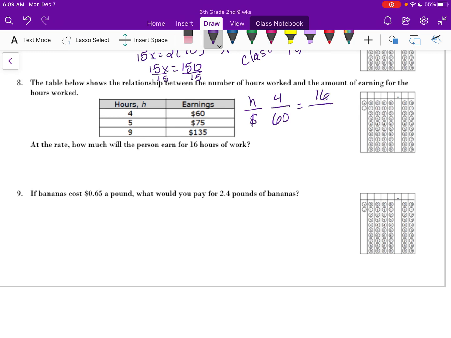And I want to work 16 hours and I want to know how much money that is. And to be honest with you, I also chose 4 because I knew that 4 times 4 is what? Yep, 16. So I chose a number that I knew I could multiply by to get to 16. So 60 times 4 is $240.